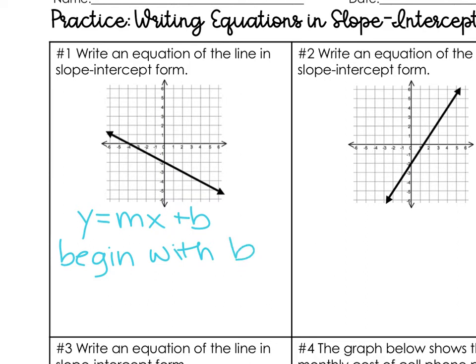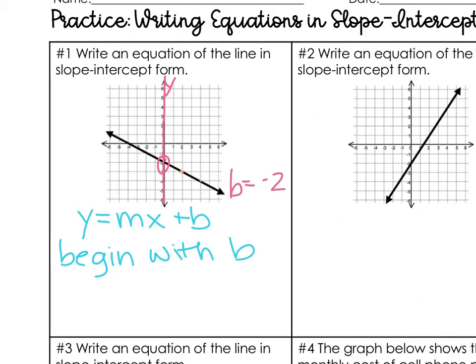So looking at this graph, we cross the y-axis right here at -2. So our b equals -2.